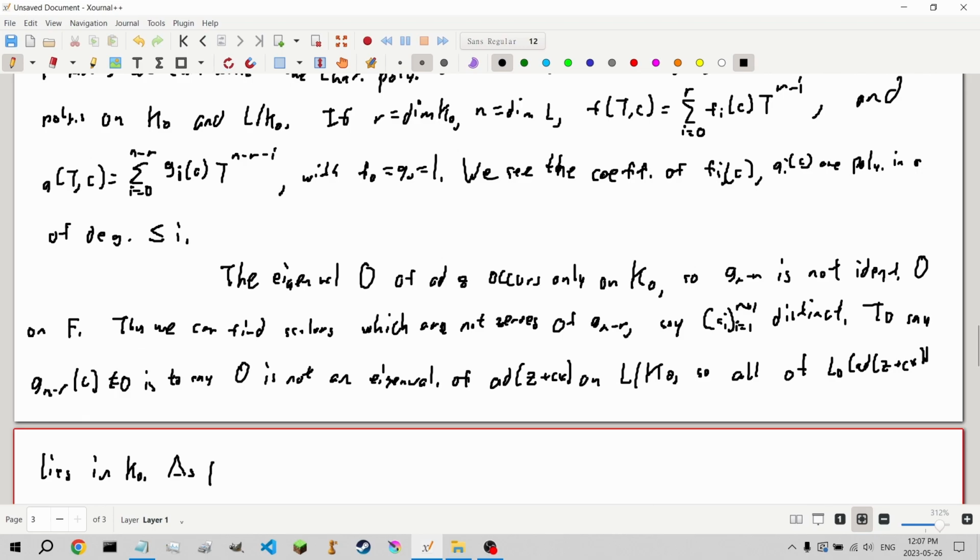As K0 is minimal by choice, L0 of the adjoint of Z is equal to L0 of the adjoint of Z plus c_i x for all i in the interval 1 to r plus 1.